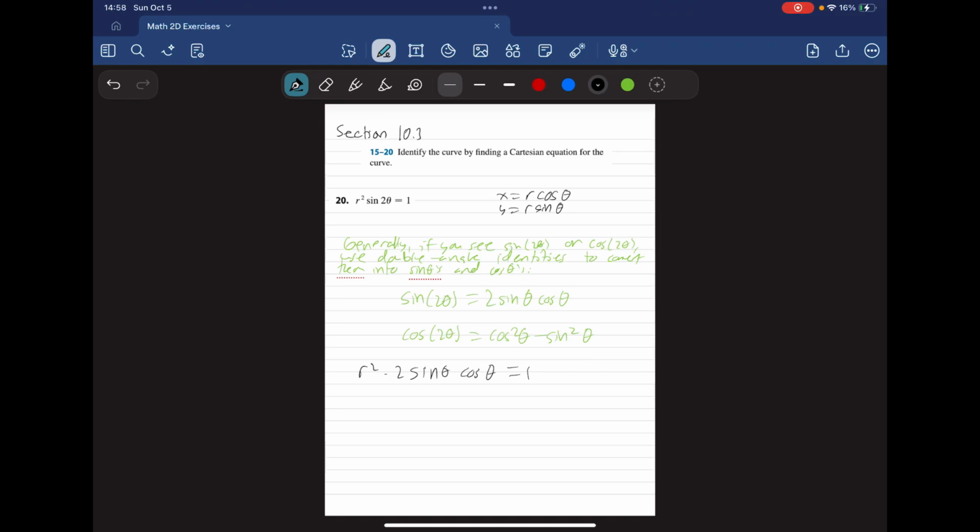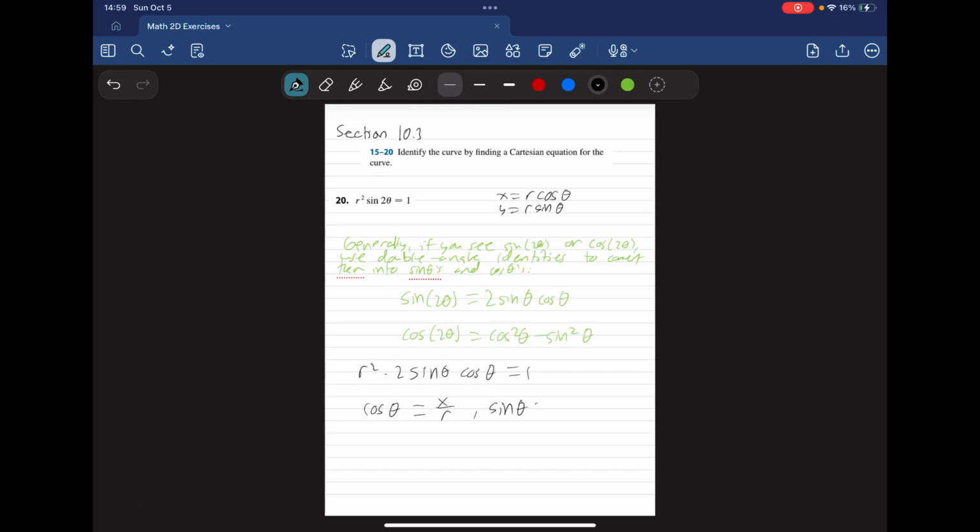And what's really useful here is that now that we have only a sine theta and a cosine theta, we can go back to these equations here and solve them for cosine theta and sine theta to then plug them in back here. So first off, cosine theta from this equation up here, dividing both sides by r gives us that cosine theta is x over r.